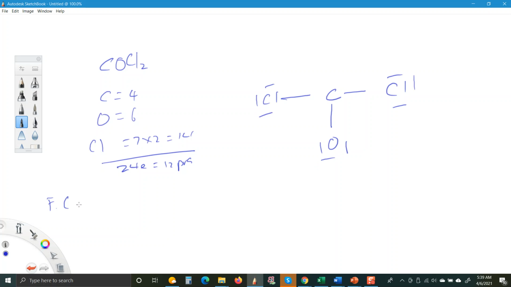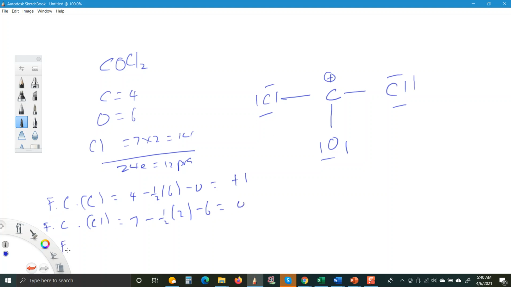Do the formal charge calculation for carbon, which is 4 minus half of 6 minus 0. So that's 4 minus 3, so that gives you plus 1. There's a plus charge on the carbon here. We do the same thing for the chlorine. For each chlorine, it's 7 minus half of 2 minus 6 equals 0. So there are no charges on the chlorine.